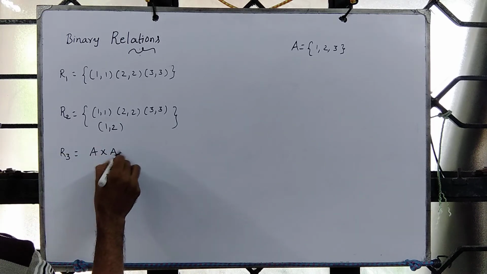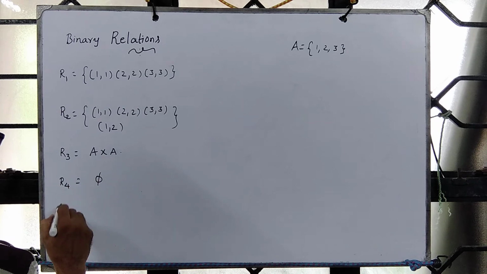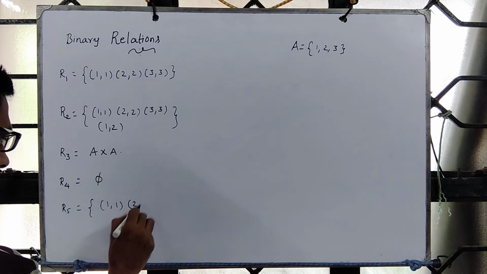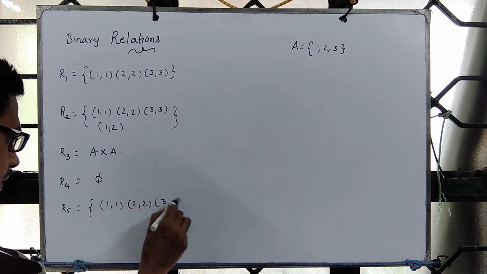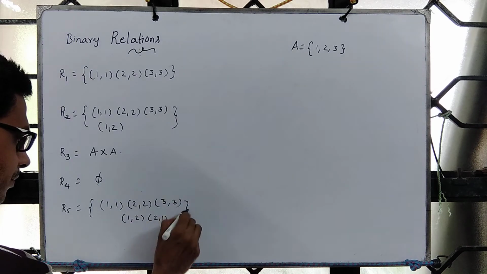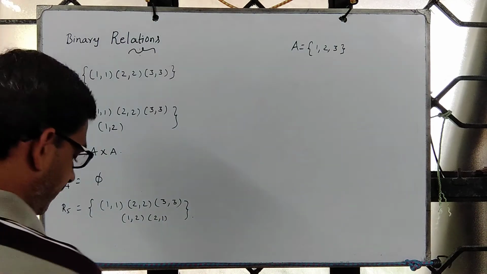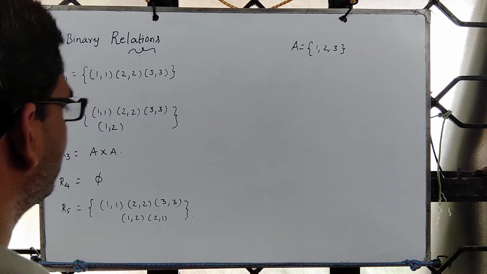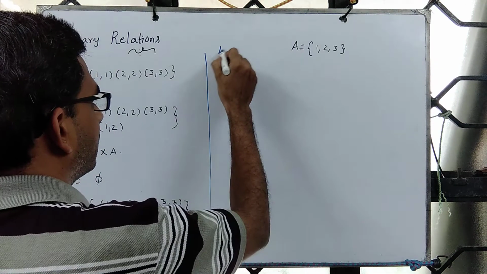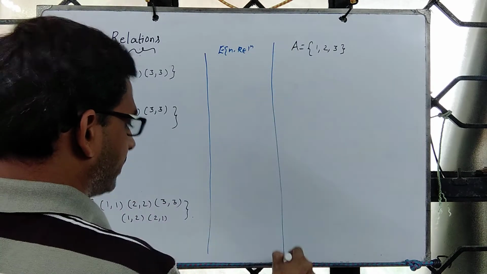R3 is A cross A. R4 is an empty set. R5 is (1,1), (2,2), (3,3), (1,2), (2,1). Now let's verify whether these relations are equivalence relations on one side, and on the other side whether they are partial orders as well.